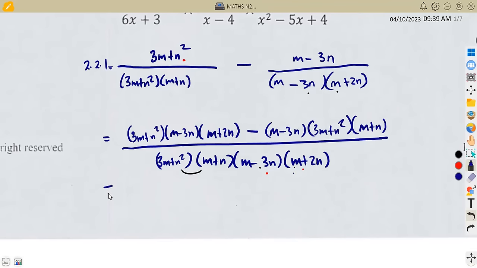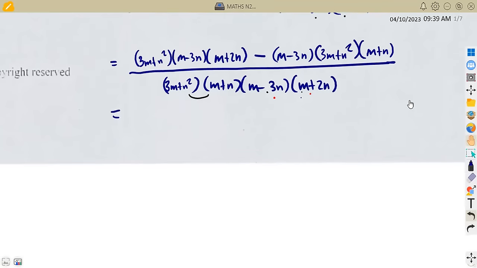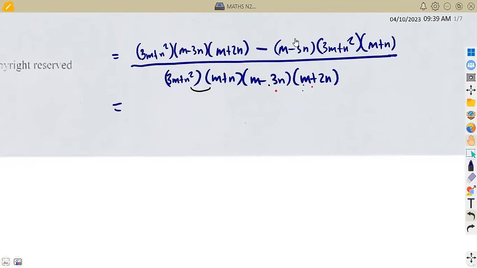All right, if you check here, we're asking ourselves, how am I going to simplify three brackets? Am I going to expand these three brackets that I'm having? This was not going to be like that. This question was tricky on this part: this bracket of m minus 3n, and these two, they are the same. 3m plus n squared, 3m plus n squared, these two brackets are the same. So we can factor out these two brackets from the numerator.